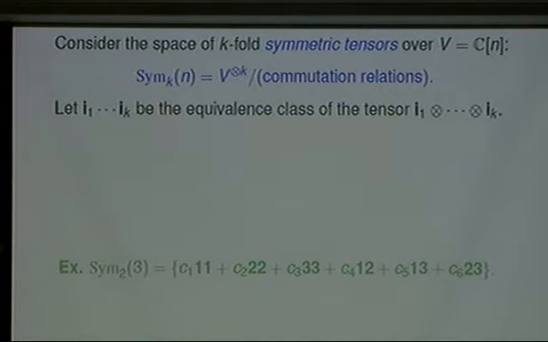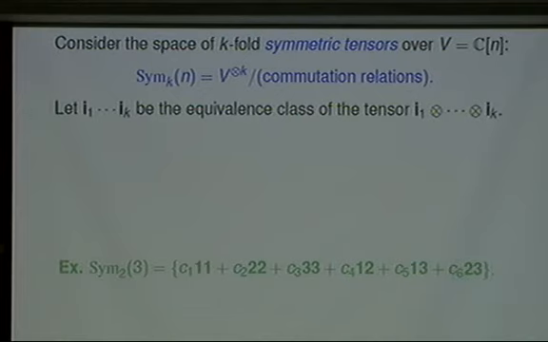This is going to be all tensors of degree 2 using the vectors boldface 1, boldface 2, and boldface 3. So I can use 1,1, 2,2, or 3,3. And then I can use 1,2, and I don't need 2,1, because things commute. I can have 1,3, and I have 2,3. So that's what Sym^2 of 3 would look like.